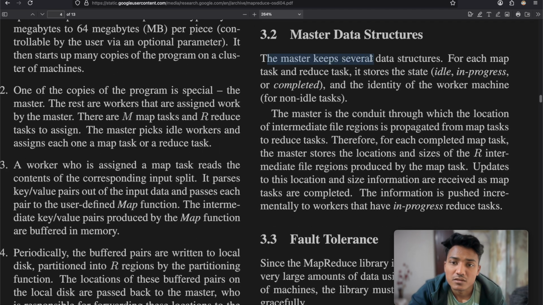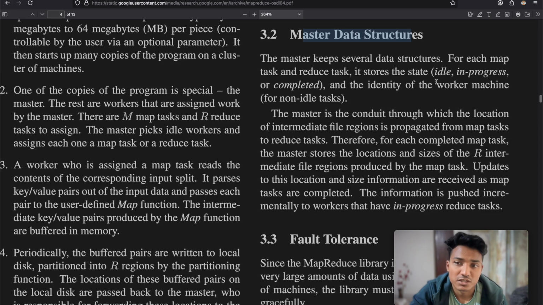The master keeps several data structures. For each map task and reduce task, it stores the state: idle, in progress, or completed, and the identity of the worker machine for non-idle tasks. Okay, so they are talking about the data structure that is used internally by the abstraction.